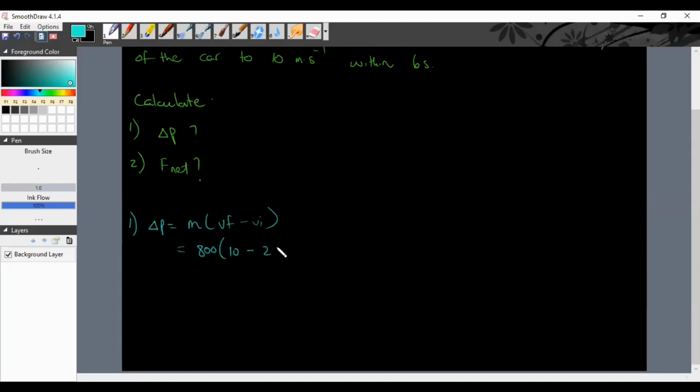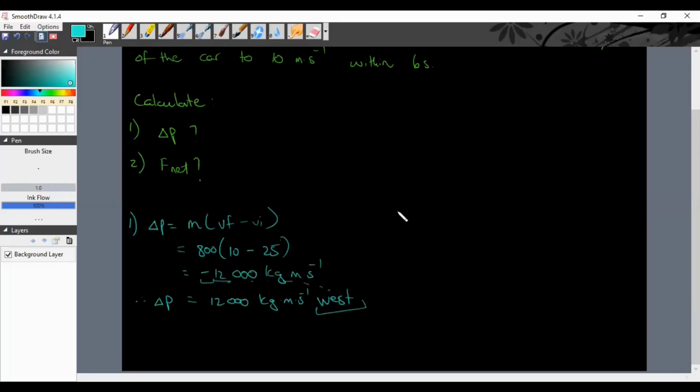Initially, it was moving at 25 meters per second. If we do the math there, we end up with a negative answer, negative 12,000 kilogram meters per second. Our final answer, because we need to add a direction, will be 12,000 kilogram meters per second, and the direction would obviously be west. That's what the negative told us.